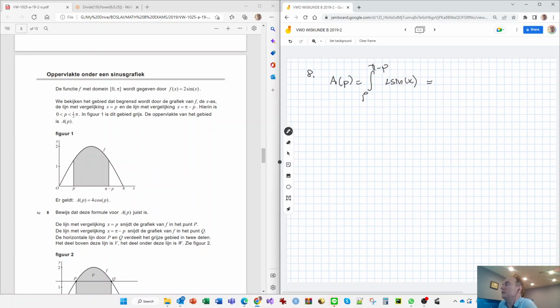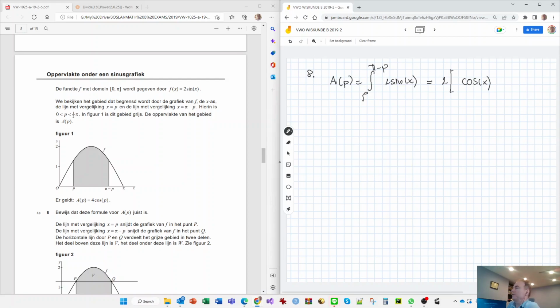So that is 2 times the primitive, which is the cosine of x.